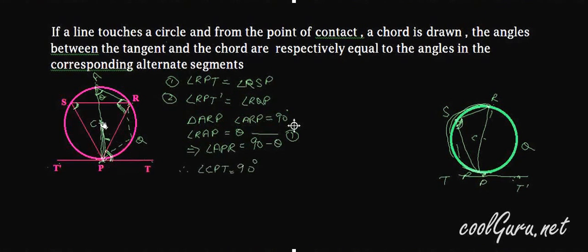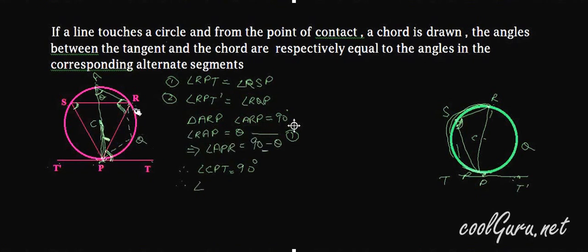So at the point of contact, this angle CPT will be 90 degree. And we have already proved that CPR is 90 minus theta. CPR or APR is one and the same thing. It is 90 minus theta. This angle is 90 minus theta.